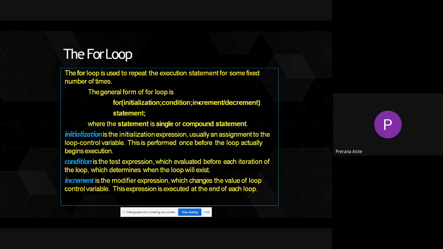The next one is the increment or decrement, the modifier of the expression, which changes the value of the loop control variable and is executed at the end of each loop. So first initialization is done, then the condition is tested, and after that the increment or decrement operation is executed.